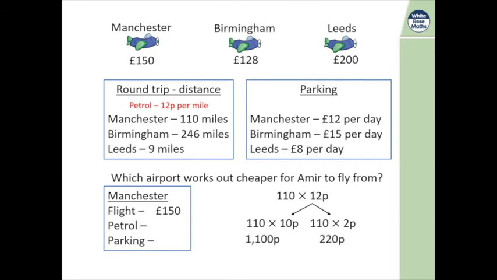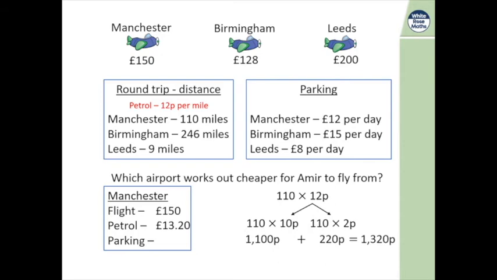So altogether, it costs 1,320 pence in petrol. We can convert that into pounds and pence, as there are 100 pennies in a pound. So 1,320 divided by 100 is £13.20.